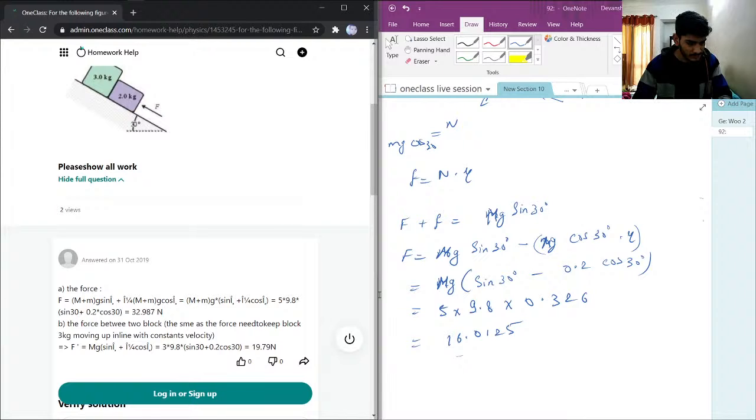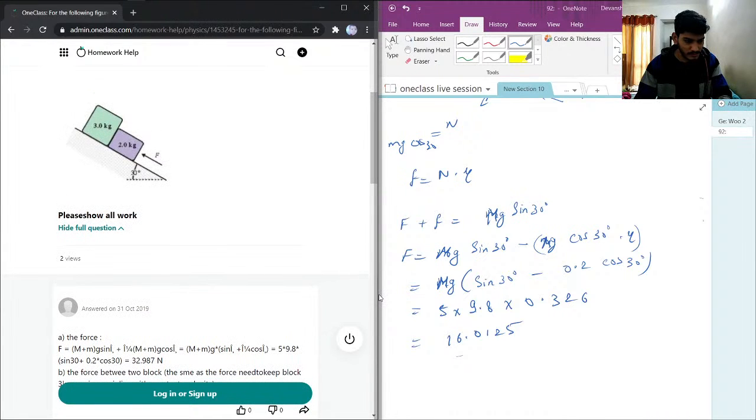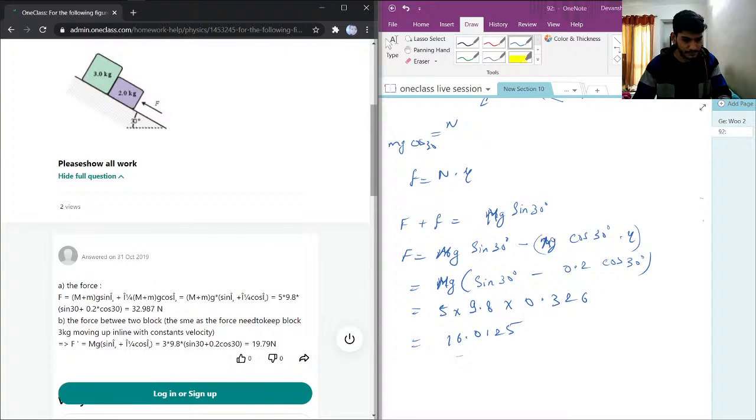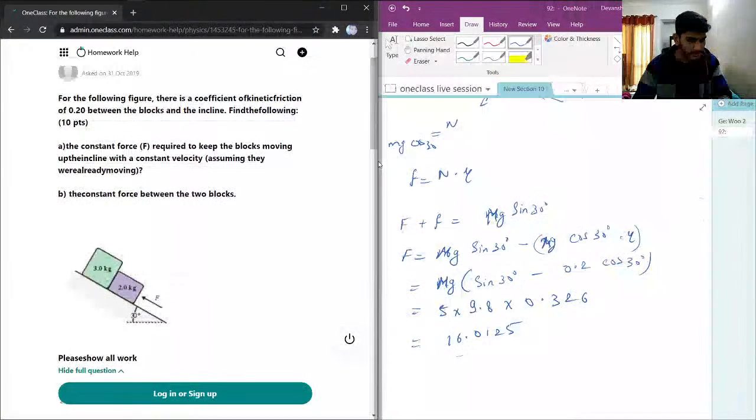So they have basically added the full friction force. They thought that, let me just read the question. The constant force F required to keep the blocks moving up the incline with constant velocity.